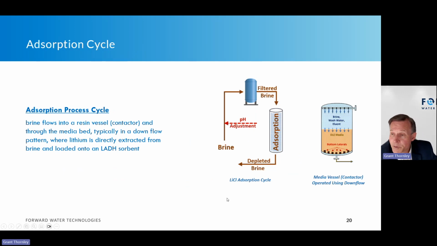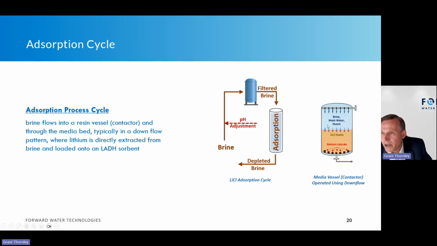So the first one, the absorption process. Brine flows into the media, and you see on the right here I've done a very rough diagram. Here's my resin vessel, also sometimes referred to as a contactor. The brine flows in from the top, through an even, laminar plug flow that passes through the media and then out through the bottom laterals.